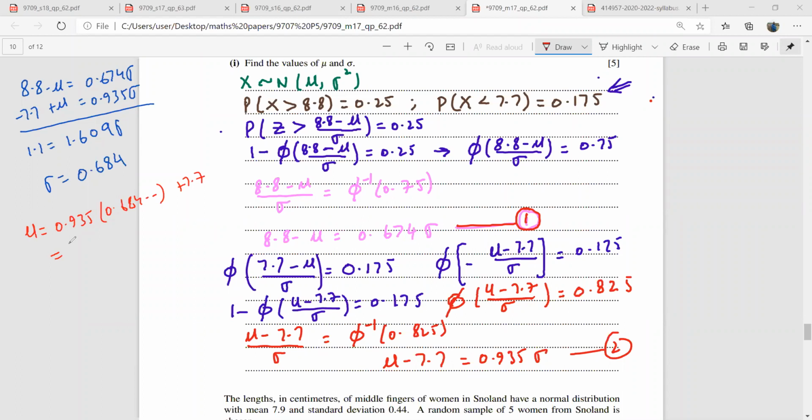So the mean is 8.34. This was a question of 5 marks, so there had to be so much working. When there is not enough space, it is always handy to draw a vertical line, and you can double your space. Anyhow, this is it for this part. I'll be doing the next one in the next segment.